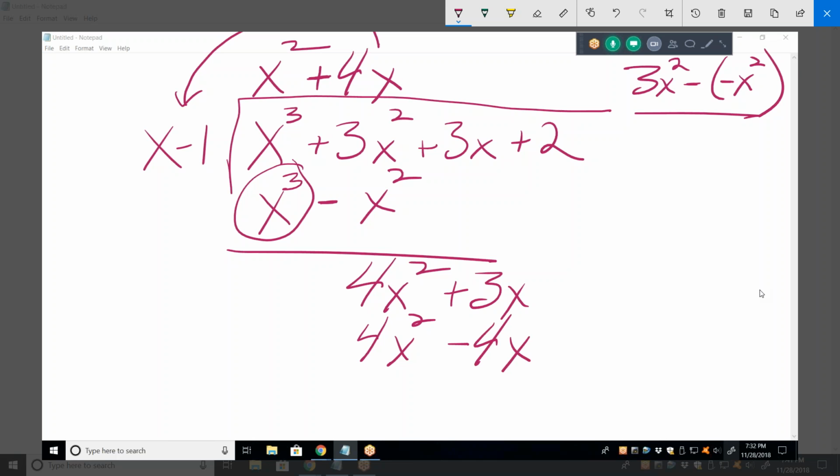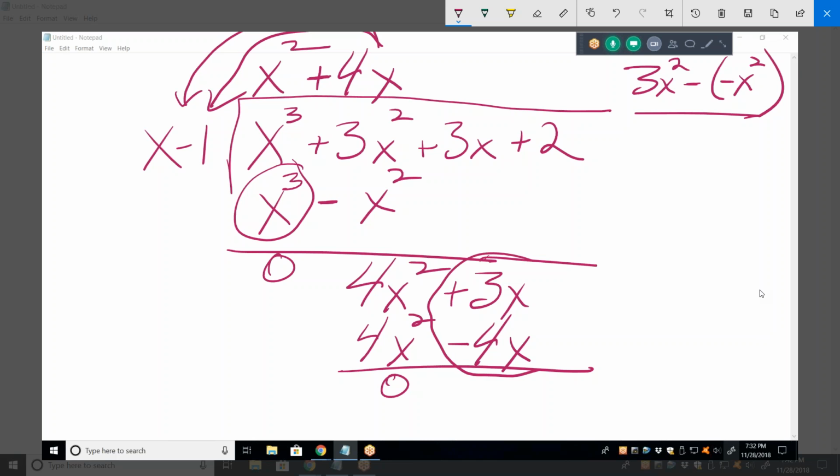You see that? I'm multiplying that by that number right there. Okay, now subtract. What do you get? So x squared minus x squared. Where the x squareds go to 0. They always do, just like that went to 0.